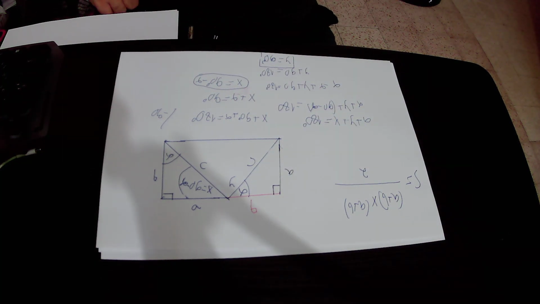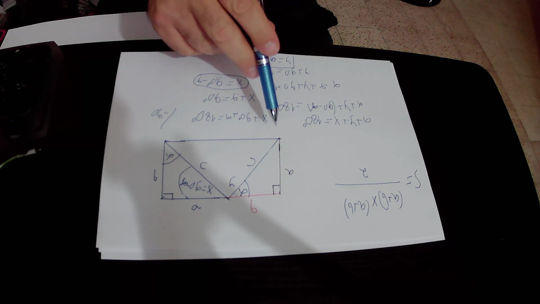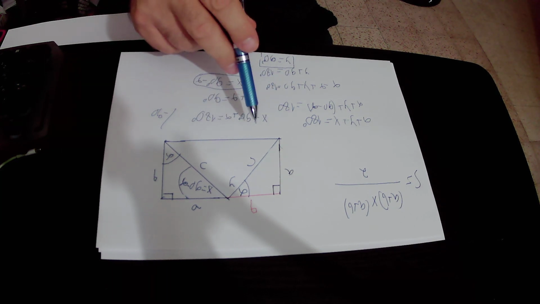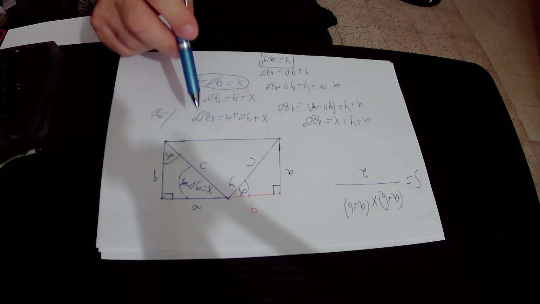And we can calculate the area of the trapeze in a second way. We can say that the area of the trapeze is equal to the sum of the three triangles that the trapeze contains.